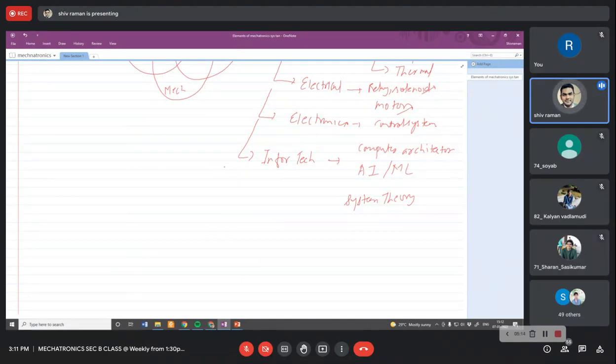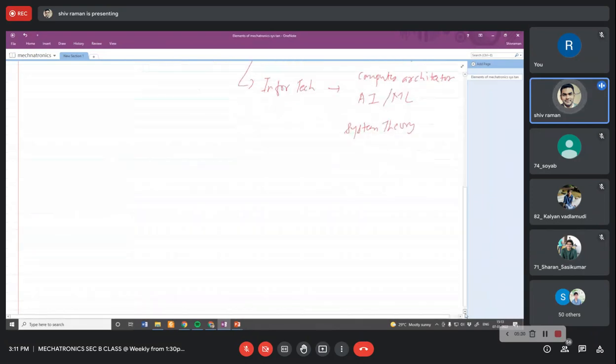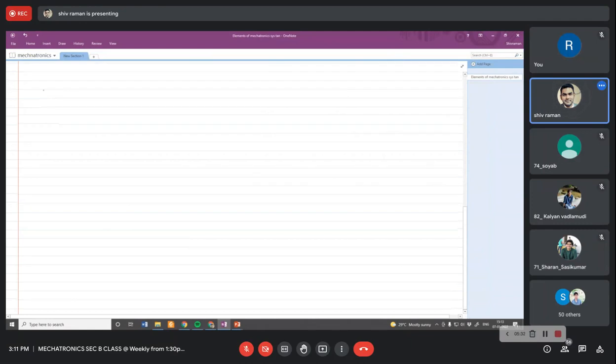It will give you a brief intro to mechatronics, and it will make your foundation. Okay, so after seeing this term, don't worry. I think a few of you might know about AI/ML and all this, but there is no need to worry about whether we need to study this. We have designed the subject from the mechanical engineer's point of view.